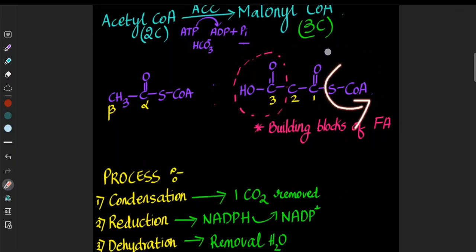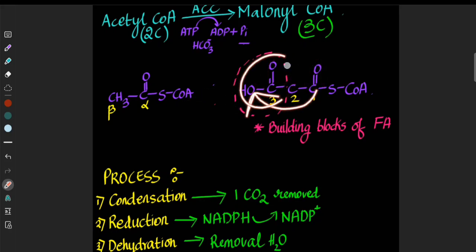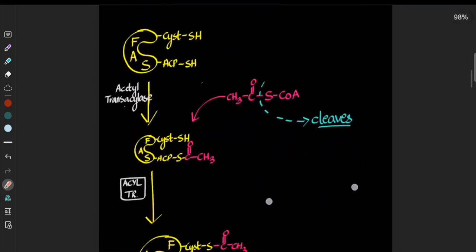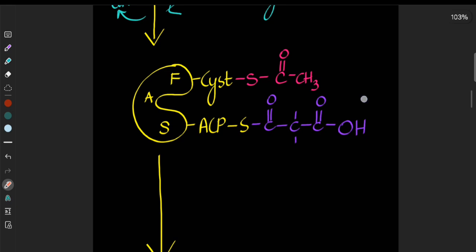So I have joined it from this side. So 1, 2, and then 3, and then 4, right? So there are 3 carbons, and then we have an acid group at the end. So this is the thing about malonyl coenzyme A. As you can see over here, I have joined this malonyl coenzyme A over here, right?